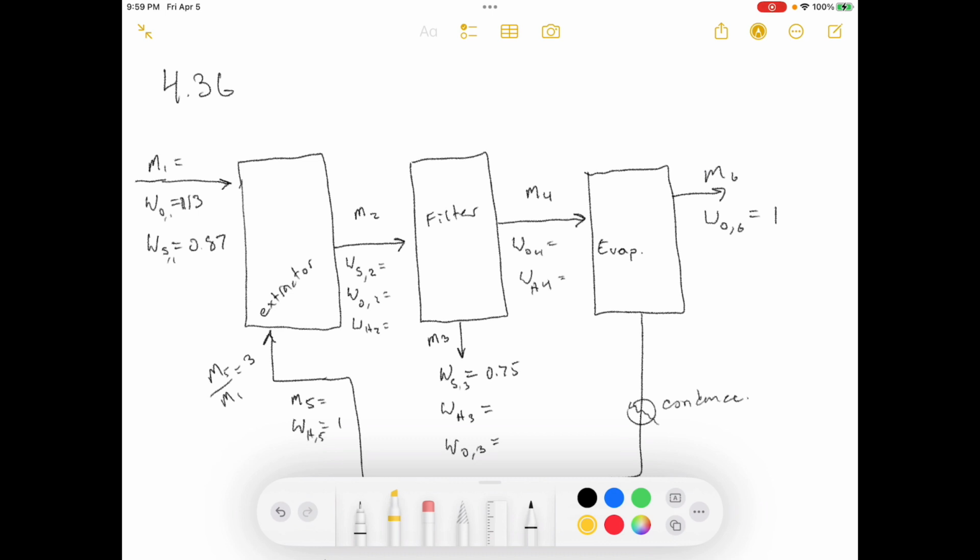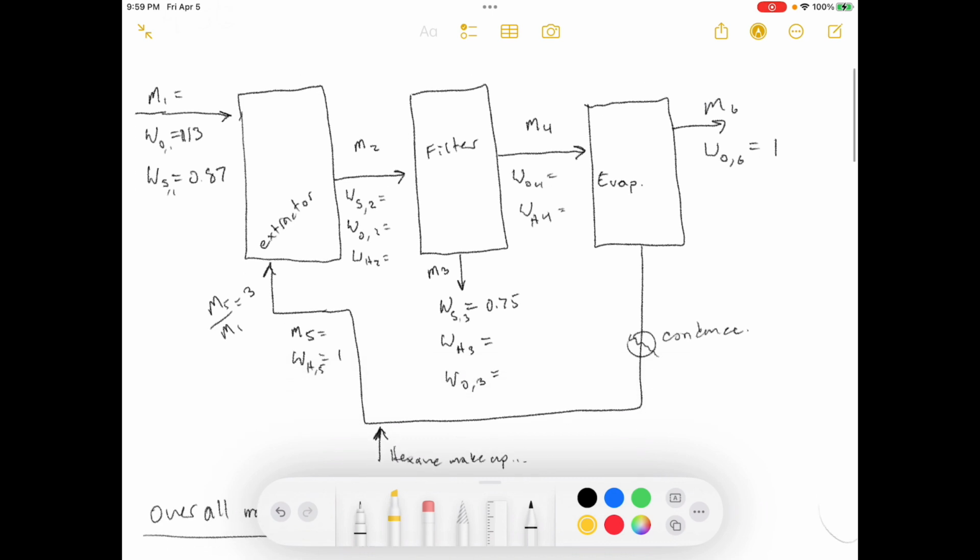The oil is stored in drums and shipped. The hexane vapor is subsequently cooled and condensed, and the liquid hexane condensate is recycled to the extractor. And then they give a picture, basically this picture that I've drawn here, but with less information.